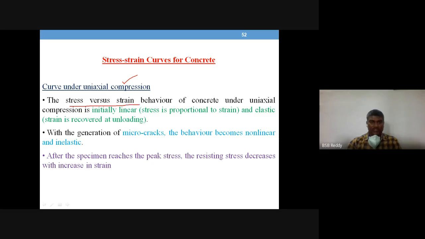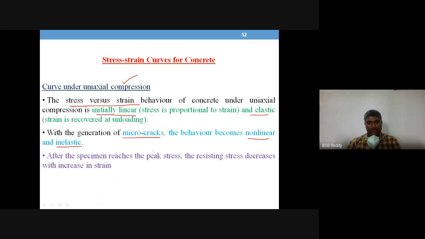Stress versus strain of concrete under compression is initially linear and elastic. Okay? And upon the generation of micro cracks, the behavior becomes non-linear and inelastic.